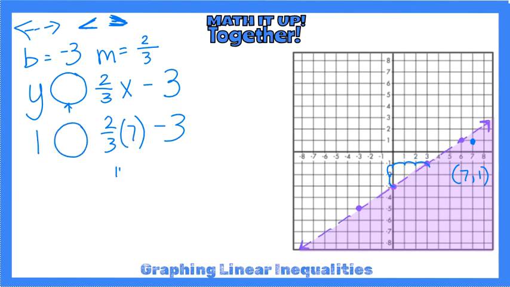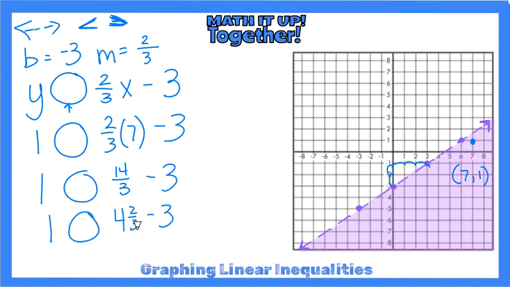All right, so we have 14/3 here, minus 3, and 14/3 is going to be, this is a time we want to change this into a mixed numeral, so our mixed fraction, so that we can do the math. So 14 divided by 3 is going to be 4 2/3. 4 2/3 minus 3 is going to be 1 2/3.